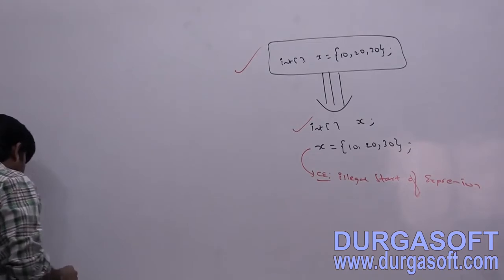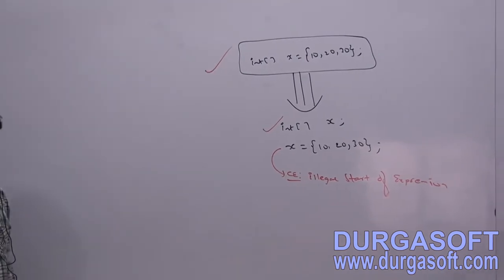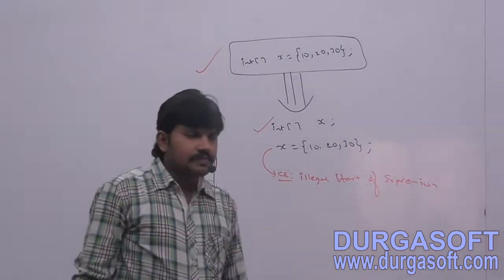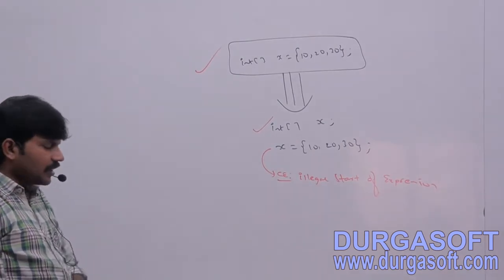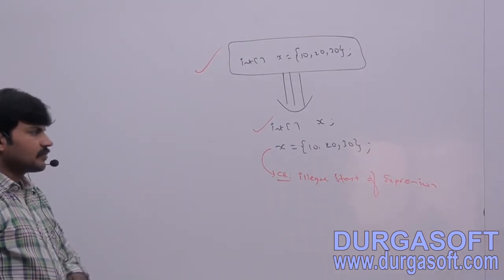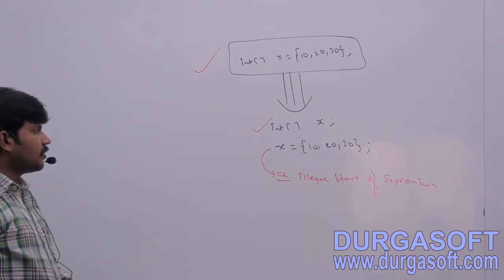Take this example well. Int array x is equal to 10, 20, 30 is the first one.